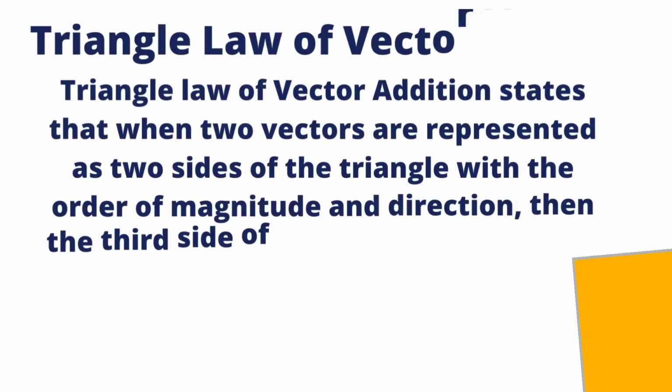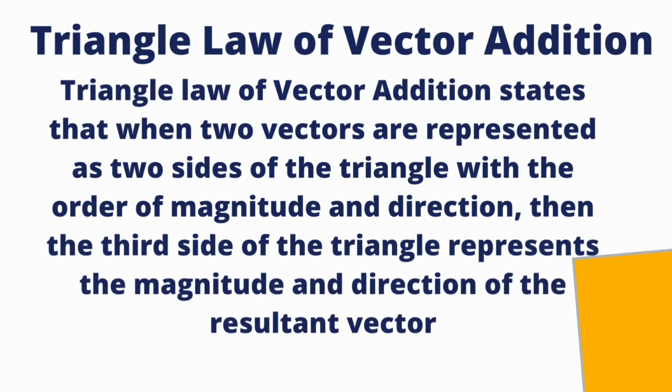I repeat, triangle law of vector addition states that when two vectors are represented as two sides of the triangle with the order of magnitude and direction, then the third side of the triangle represents the magnitude and direction of the resultant vector.